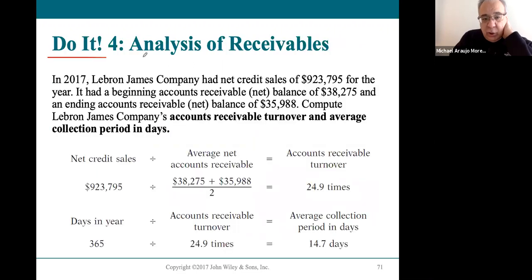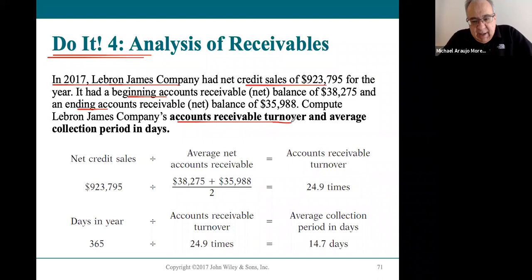Okay, so your do it exercise here, the analysis is just an example of what you would be doing here. So here in 2017, you had LeBron James Company. They had a lot of credit sales. They have beginning receivables. They have ending receivables. And they want you to compute the turnover rate and then the average days.